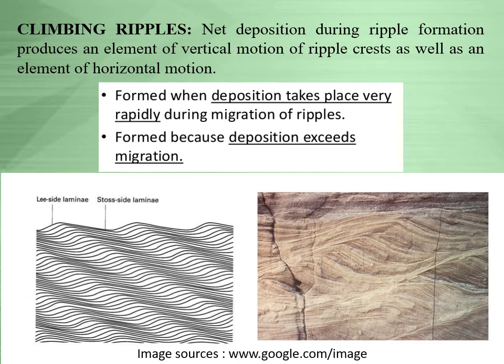Basically, for migration of a ripple, there is erosion at the stoss side and deposition at the lee side, with very insignificant contribution of deposition from the suspended load.